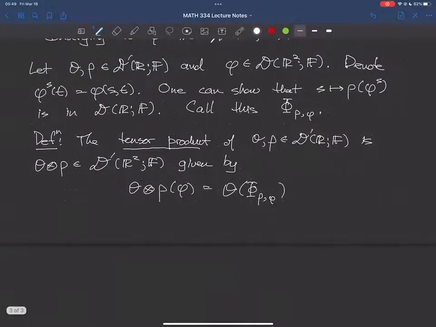All right, so properties of the tensor product of distributions.